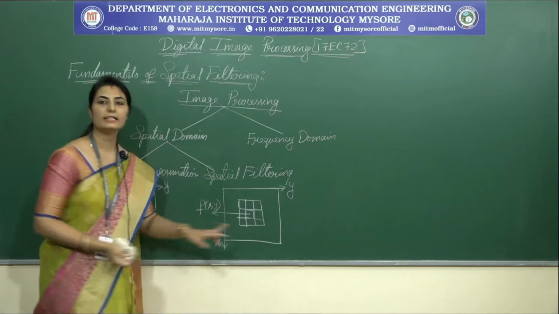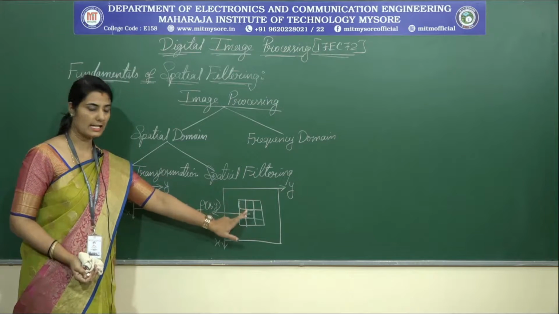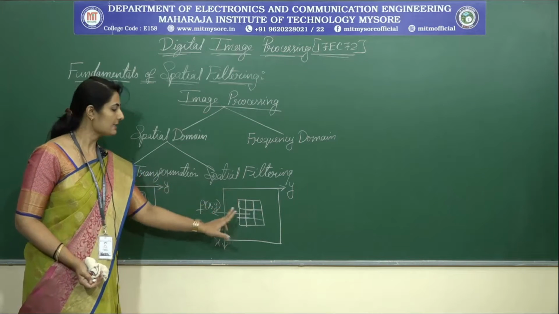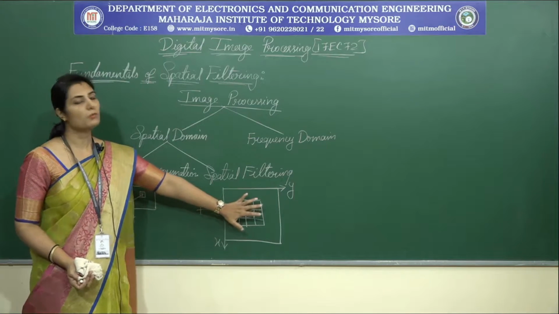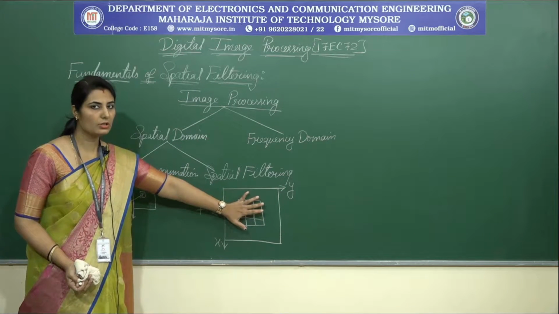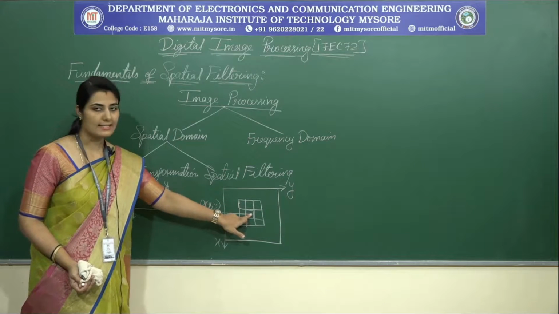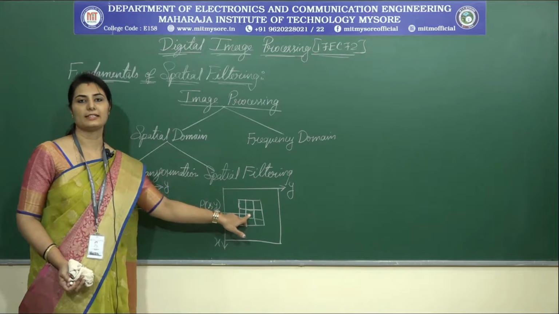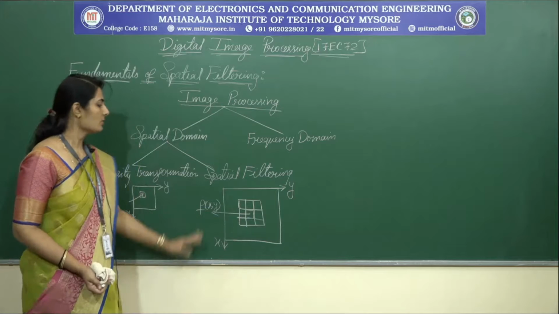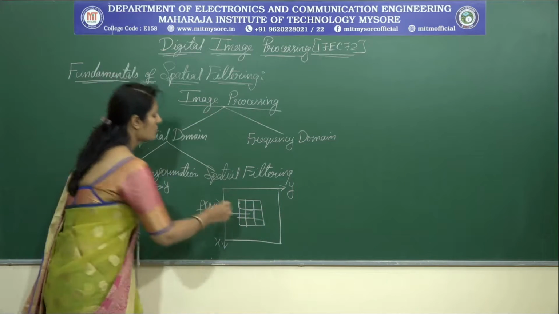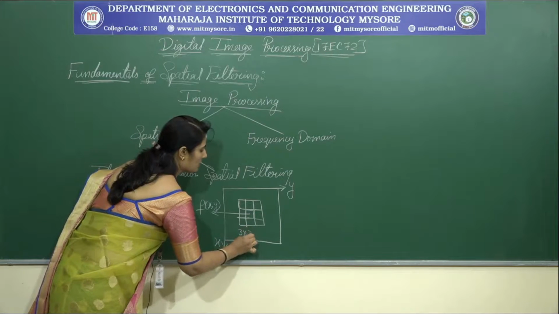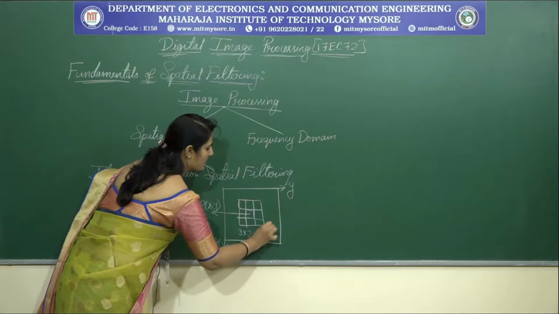We do not perform operations directly on this pixel. Instead, we consider the neighborhood of this pixel, perform operations on this neighborhood, and the resultant intensity is assigned to this center pixel. That is how we perform operations in spatial filtering. This is the 3 cross 3 neighborhood which I have considered.